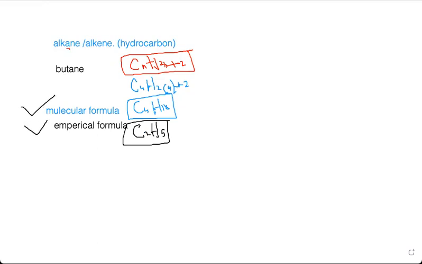Okay, so let's draw some displayed formula. This is not a structural formula, this is the displayed formula, because whenever you ask any student to draw a structural formula, everyone gives the displayed formula. So what is the displayed formula? It is the one in which there is a detail of bonding.